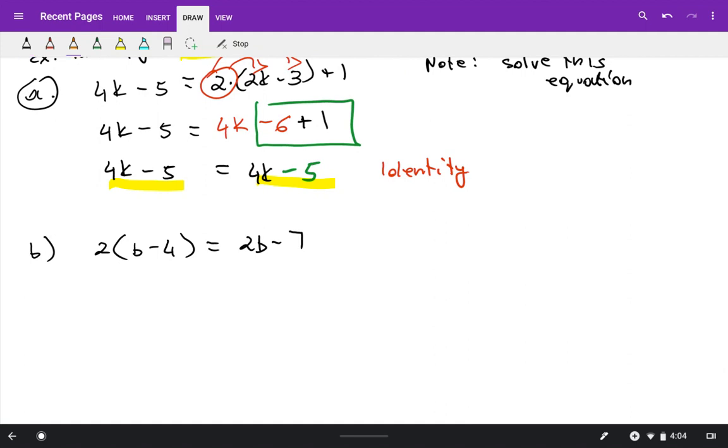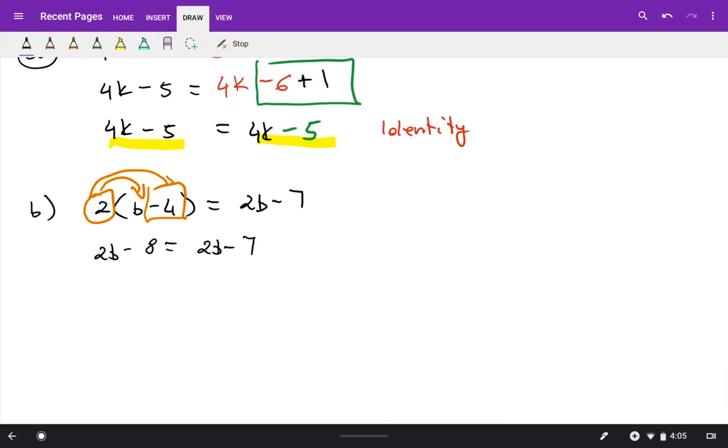First, apply the distribution property: multiply 2 times b, and 2 by negative 4. So we have 2b minus 8 equals 2b minus 7. I definitely know that this is not an identity because they're not the same expression on the left and the right side.